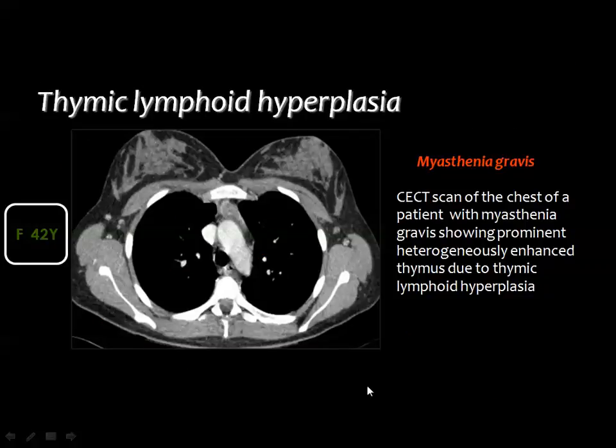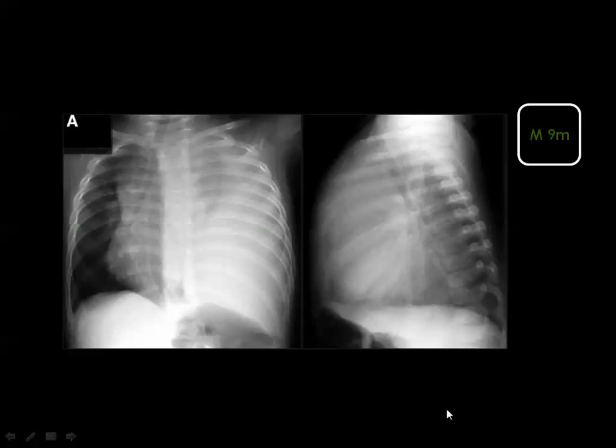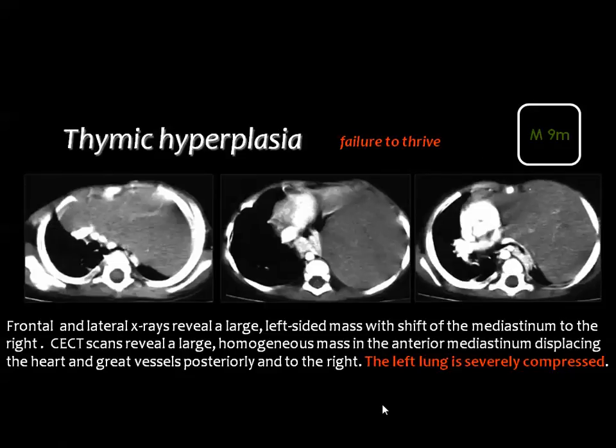And this is thymic lymphoid hyperplasia in a patient with myasthenia gravis. You see the prominence of the thymus, which should not be seen in this age, but you can see a thymic tissue in its exact anatomical location. In this chest X-ray, there is a big mass occupying the left hemithorax, displacing the heart to the opposite side.